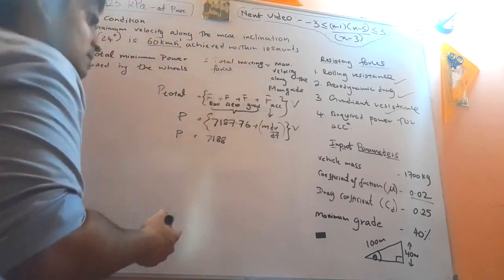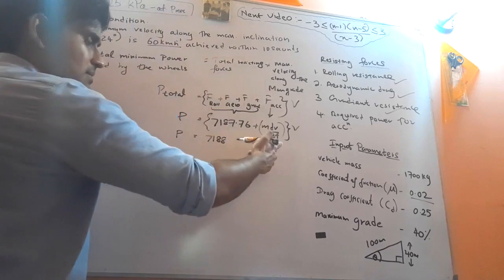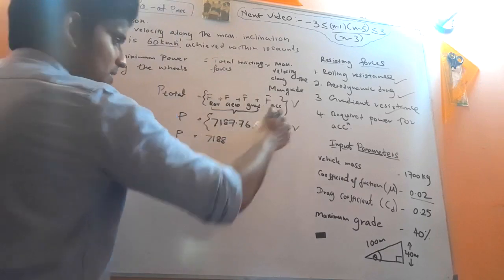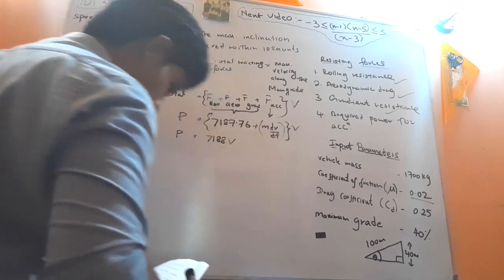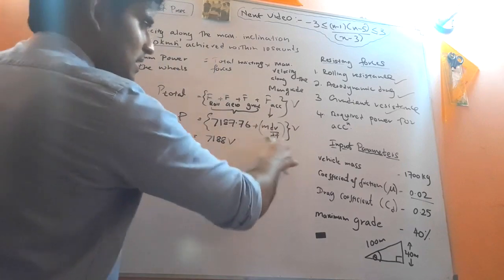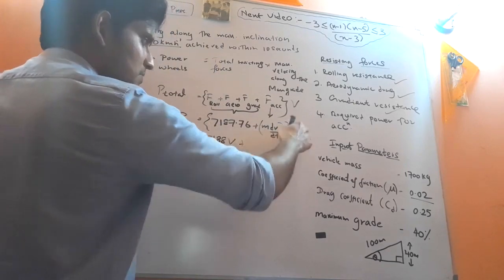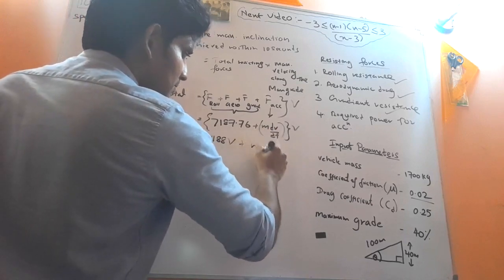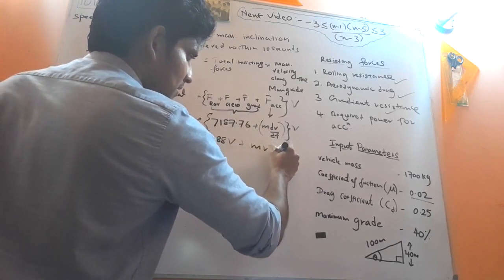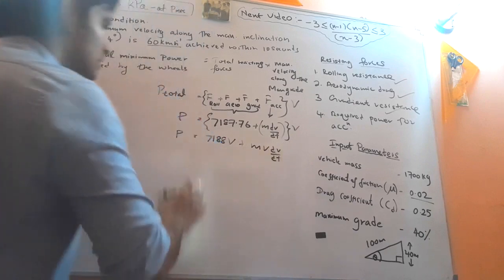So let's expand this. This times V, then this times V, plus this times V, m V times dV by dt.